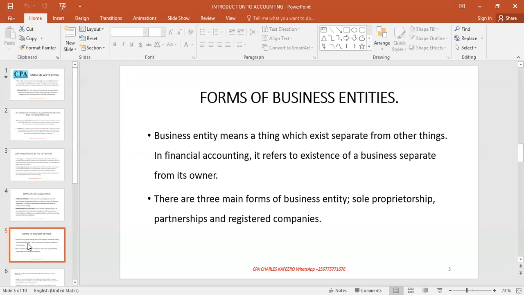The sole proprietor and some partnerships have unlimited liability, whereby if the business is winding up and there are debts, they have to look for money to pay the debts, which is not the case with registered companies, because some of them have limited liability.